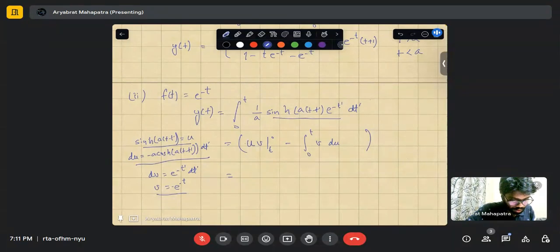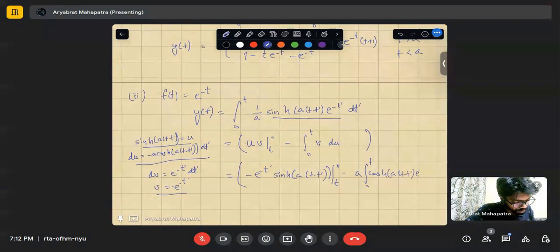In the first part you will get your solution to be something like e to the minus t prime times sine hyperbolic a(t minus t prime), then substitute the limits t and 0, and then 0 to t of cos hyperbolic a(t minus t prime) e to the minus t prime dt prime.